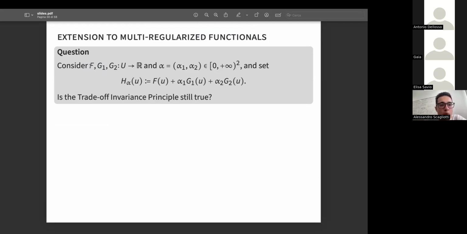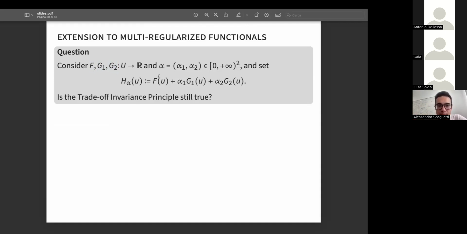The only difference is that now we do not have just f and g, but we have f, for instance, G1 and G2. I'm going to consider for simplicity the case of two regularizers, but as you may imagine, two or more regularizers is the same.